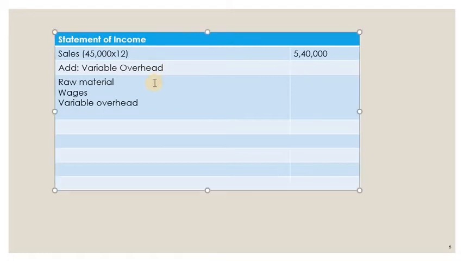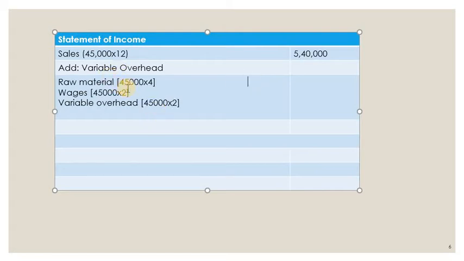So raw material, how much is the projected unit? 45,000 into 4. Then wages, it is 45,000 into 2. Then variable overhead, it is 45,000 into 2.